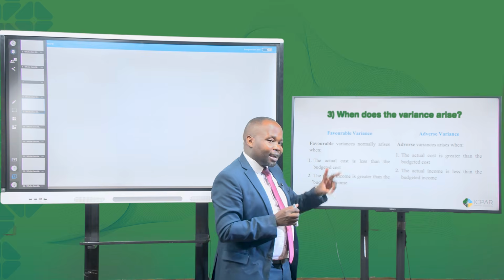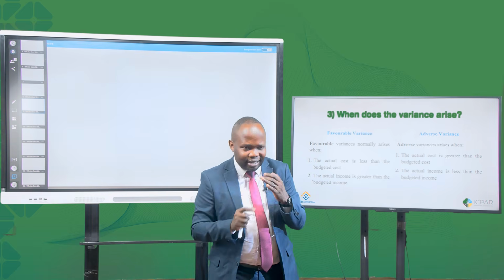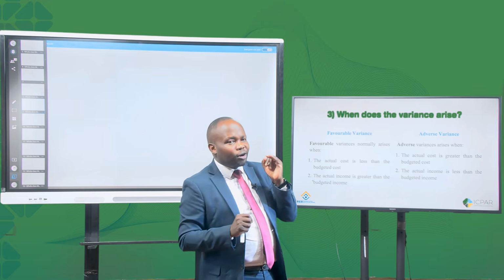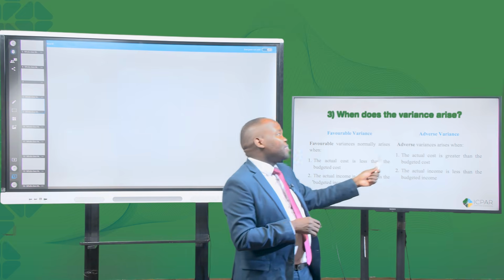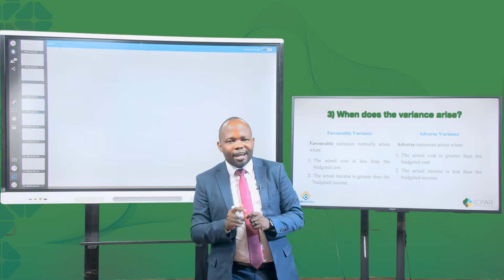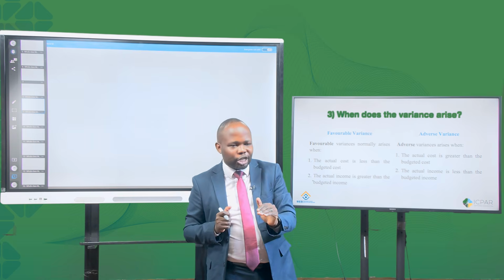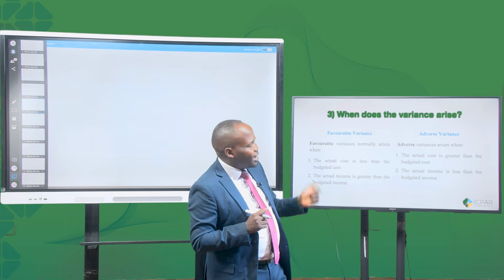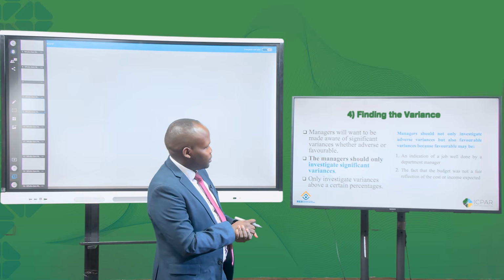So favorable arises in two cases: when actual cost is less than budget, or actual income is more than budget. On the other hand, the opposite of that is adverse. Adverse arises when actual costs are more than budget or actual income is less than budgeted.